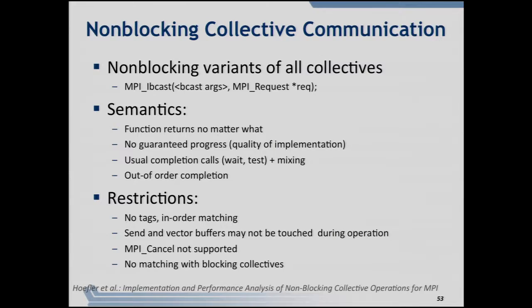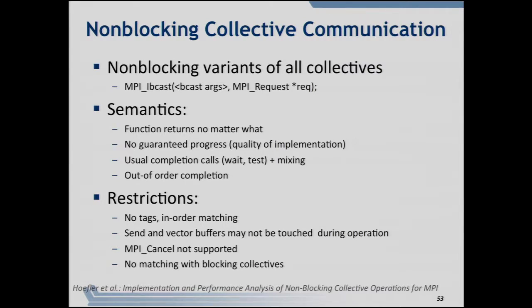What it means, both for point-to-point and collective, is that its returning cannot depend on an operation happening on another process. If you do an MPI I send or an MPI I broadcast, it has to return purely locally, without depending on some operation happening elsewhere. It cannot wait for communication from elsewhere, because if that other process did not reach that point, then it would block. That breaks the definition.